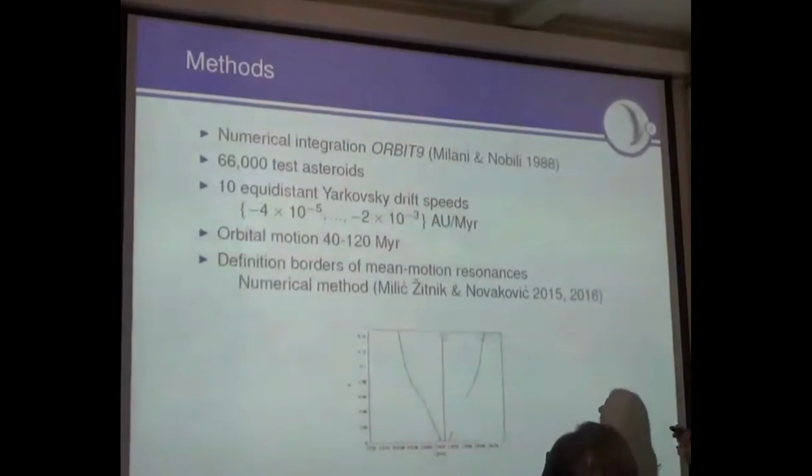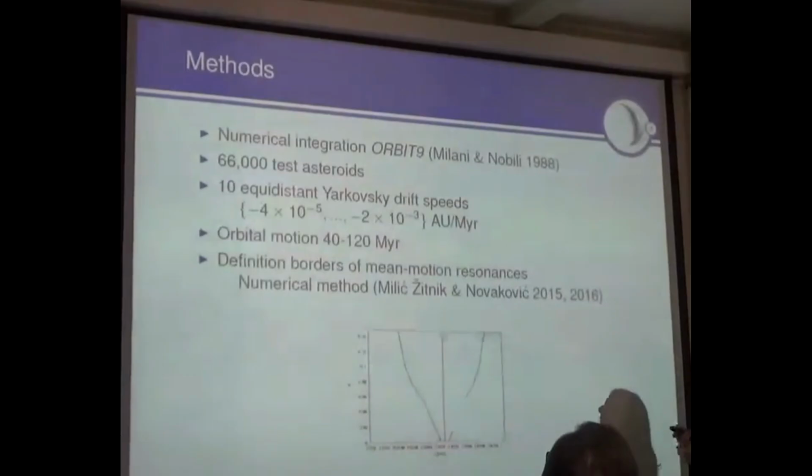And asteroids go from larger to smaller values of semi-major axis, because we chose to use negative values of the drift speed, but the case is the same if we go from the inner to the outer border with positive values of the drift speed.